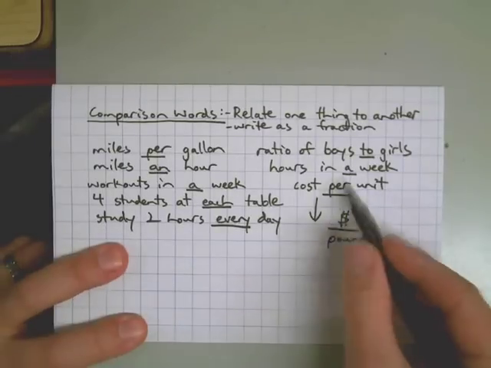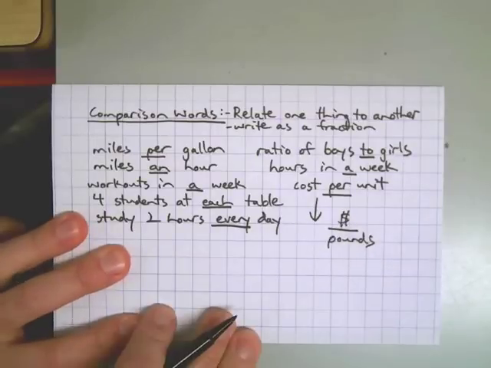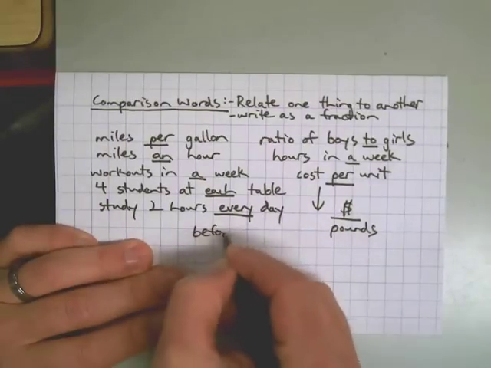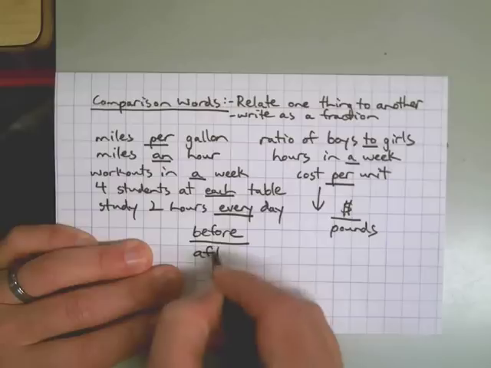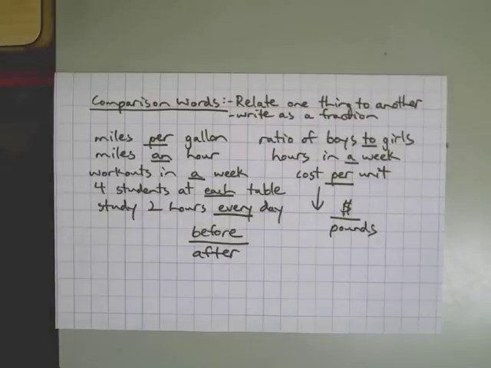Okay, so each one of these comparison words actually tells you to write a fraction. And if it comes before the comparison, it goes on top, then your comparison, and then your after. Okay? And if you just keep this in mind when you read these problems, you don't have to memorize each and every one of these small words, but just understand that there are many of them and they all do the same thing.